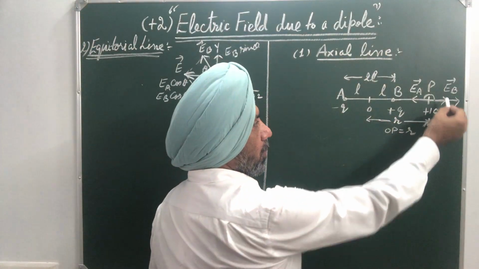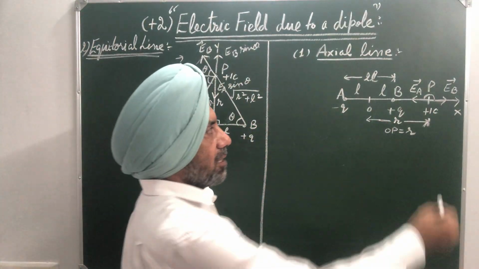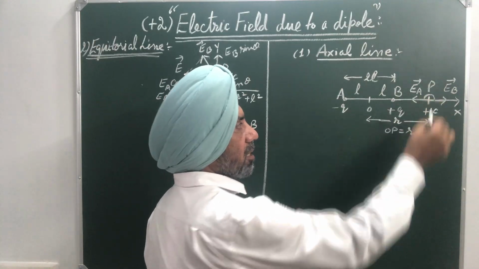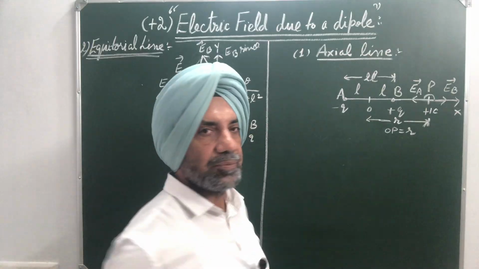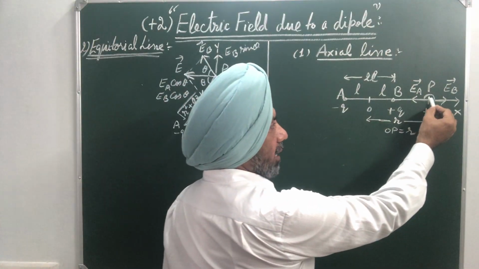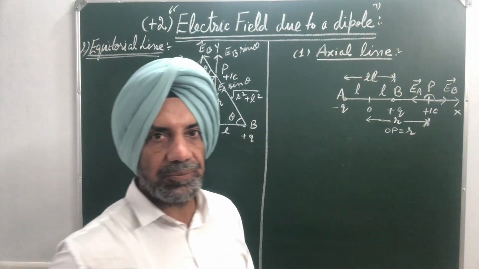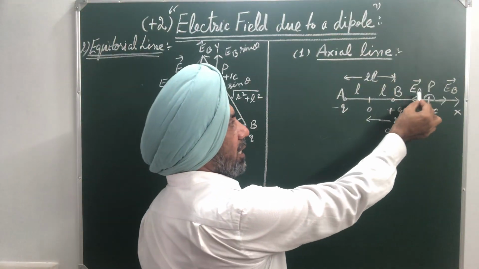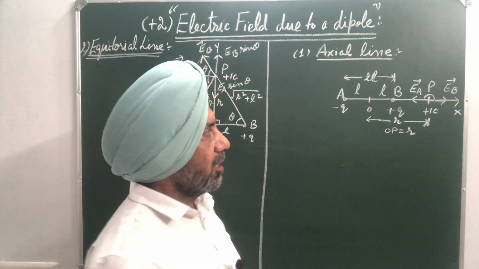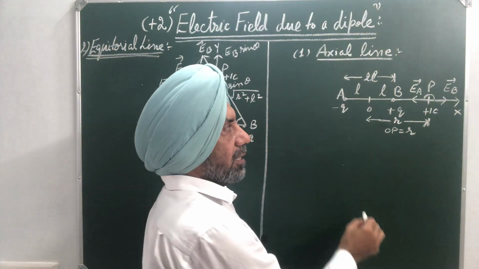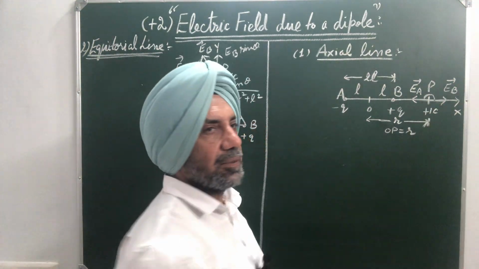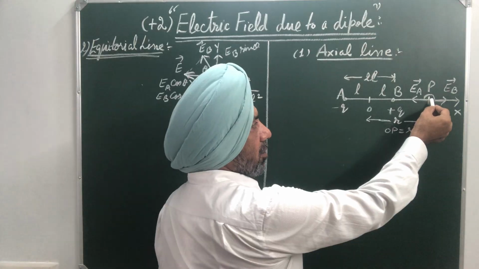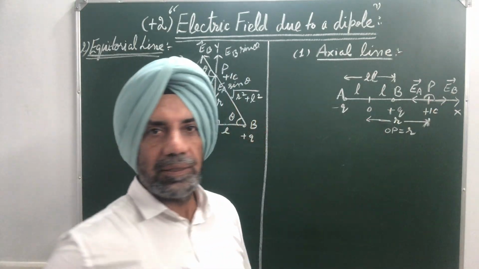Let EB be the electric field at the plus 1 coulomb charge, that is point P, due to the charge at B. Then EB will act along PX. Similarly, let EA be the electric field due to the minus q charge at A, which will act along PB.